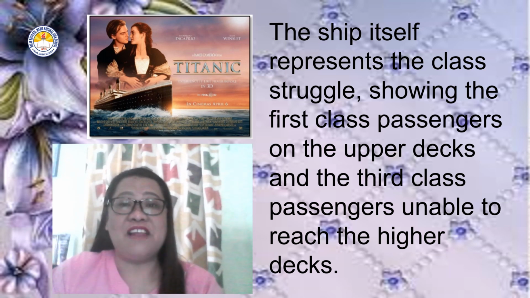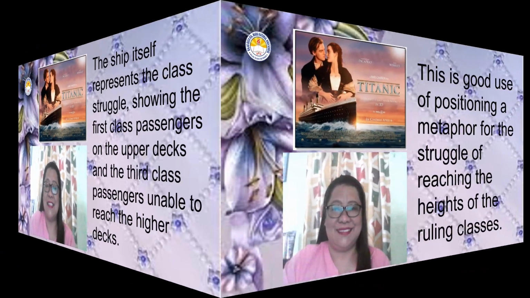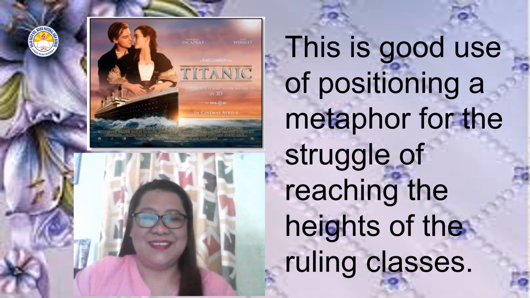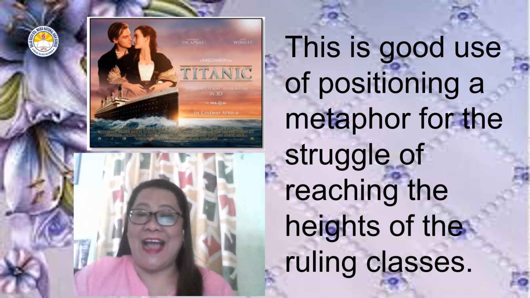The ship itself represents the class struggle, showing the first-class passengers on the upper decks and the third-class passengers unable to reach the higher decks. This is a good use of positioning as a metaphor for the struggle of reaching the heights of the ruling classes.